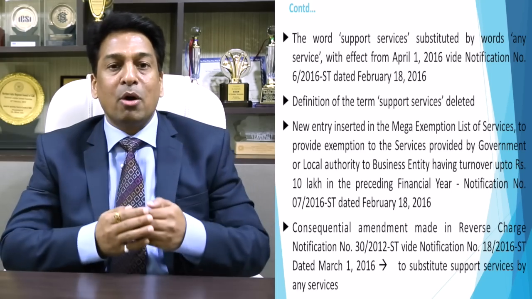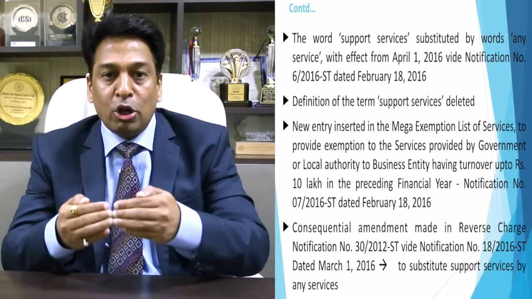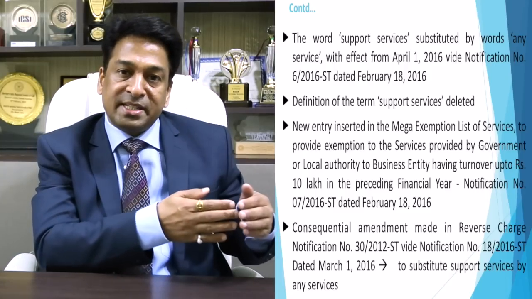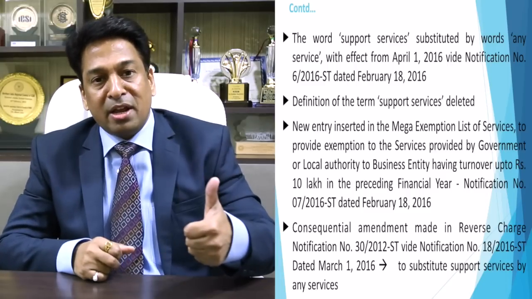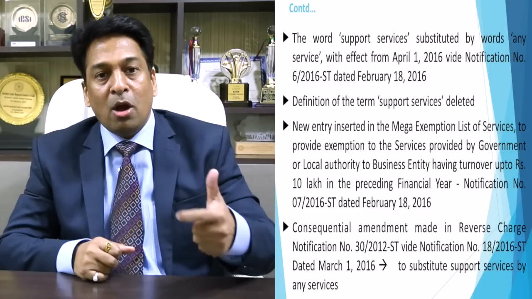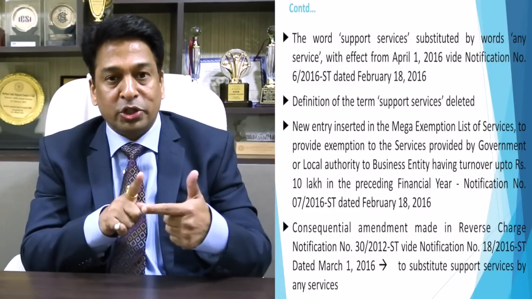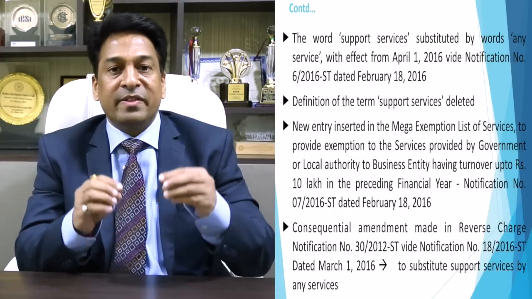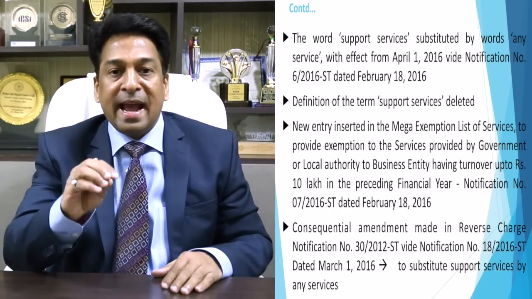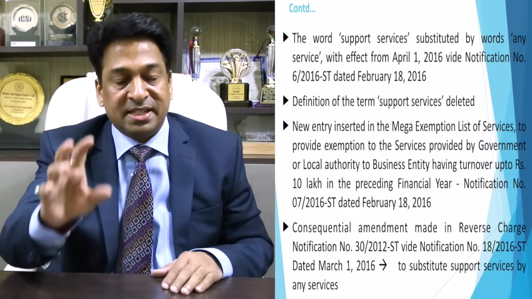This means any service provided by government or local authority to a business entity is under reverse charge, except renting of immovable property or services defined under section 66D subclause A Roman 1 to Roman 3. So effectively, reverse charge is applicable in the hands of the business entity from 1st April 2016.